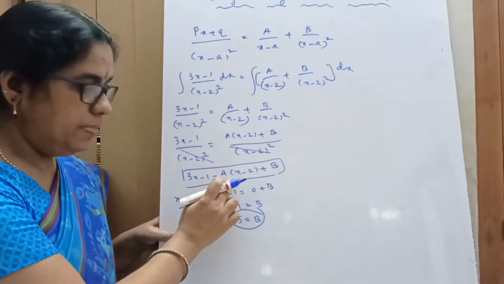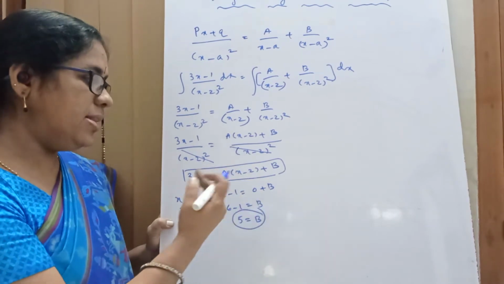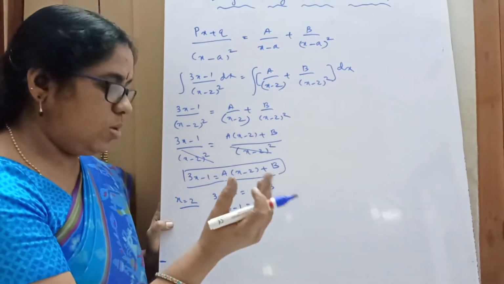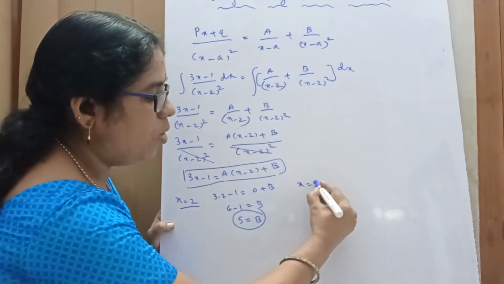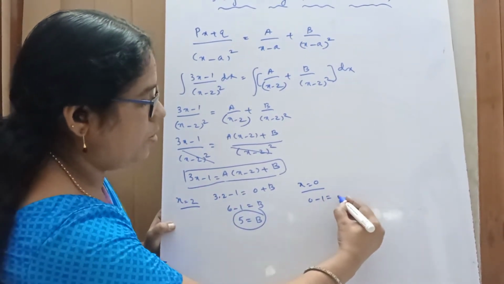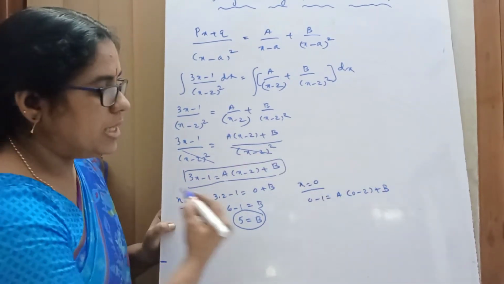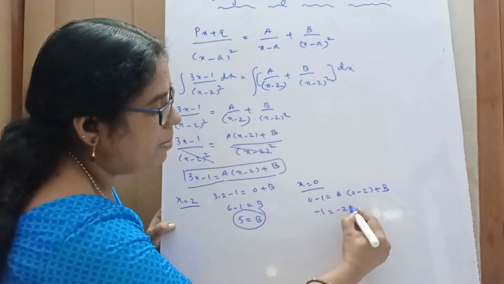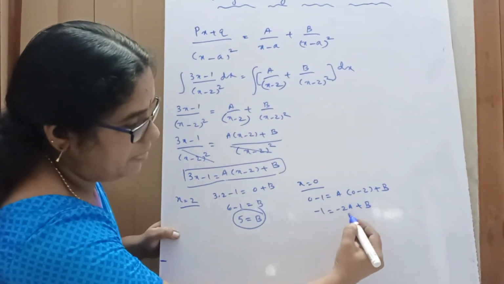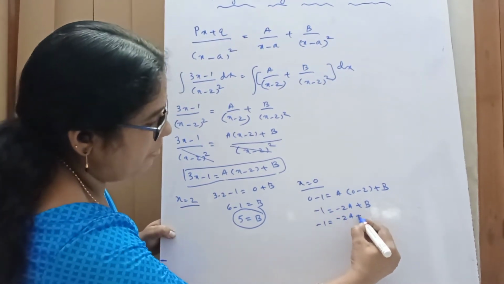Next, we have to find A. For finding A, one method is to compare the coefficient of x, or we can put x equal to 0 throughout. That is, 0 minus 1 equals A into (0 - 2) plus B. That is, minus 1 equals minus 2A plus B. We got B as 5, so minus 1 equals minus 2A plus 5.